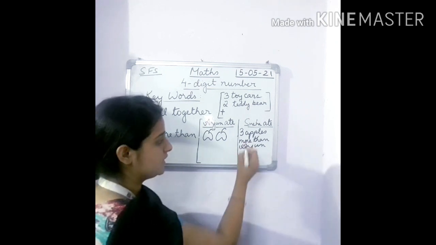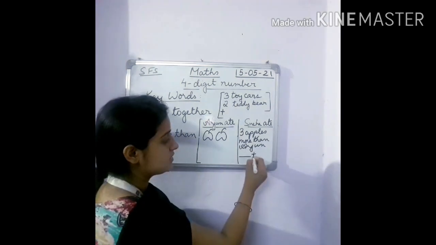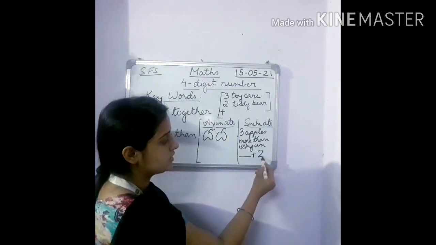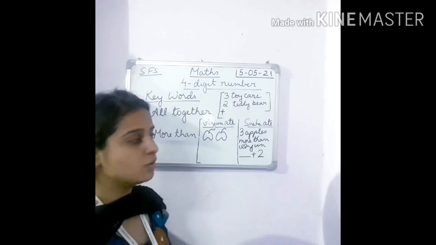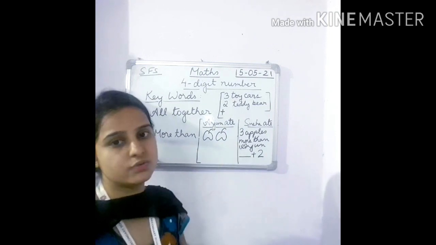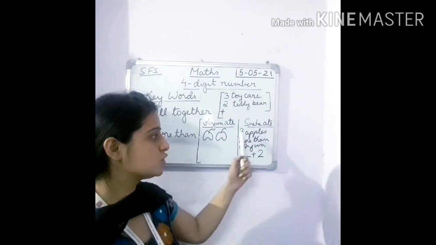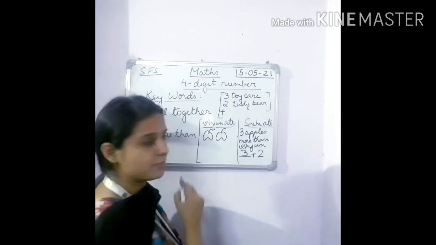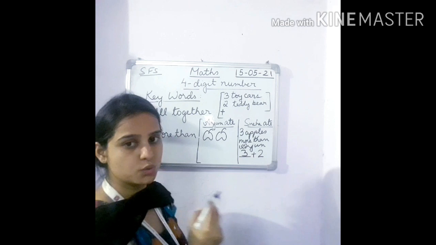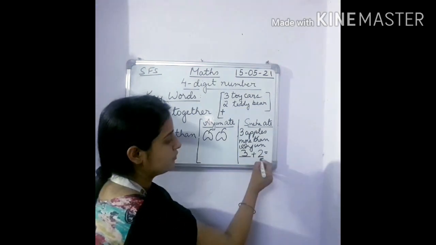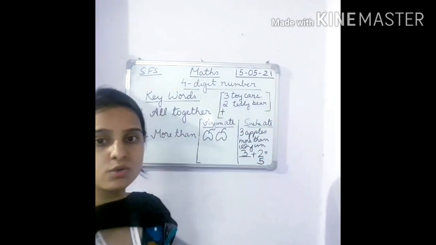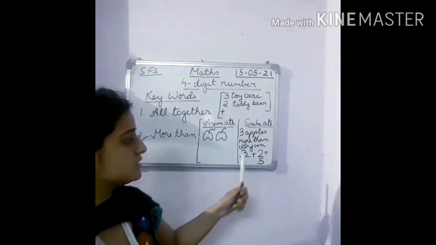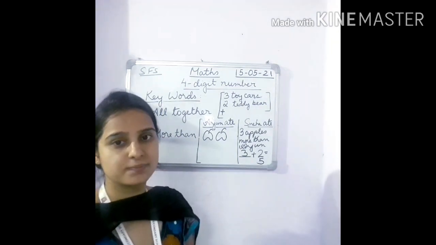Yes, that means Sneha ate 3 more than Arjun. So Arjun ate how many? 2. Okay. But as Sneha was very hungry, children, so she ate 3 more apples. So 3 more apples. 3 plus 2 is equal to 5. So can you say now Sneha ate total how many apples? She ate 5 apples. Okay.